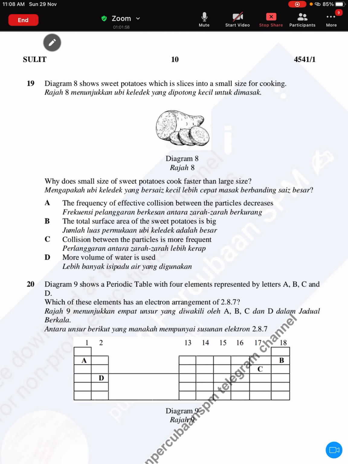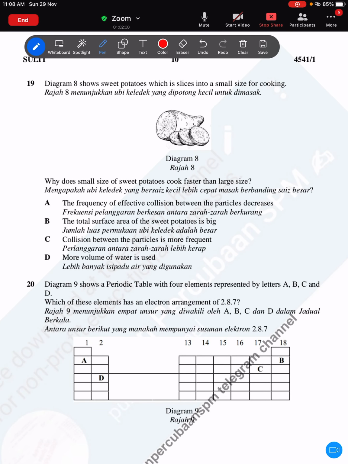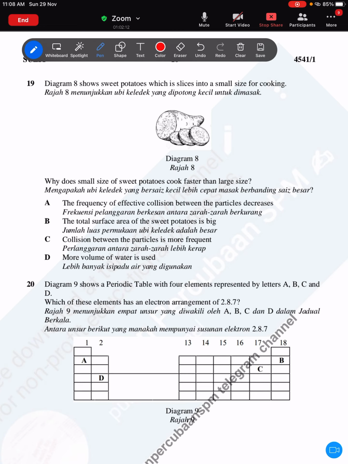Okay, this one. Diagram 8 shows a sweet potato, mamma mia, which is sliced into small sizes for cooking. Aiman, your house has no sweet potato? You have plenty of chili and a lot of eggplant. Eggplant? Tell your mother to plant sweet potato now.